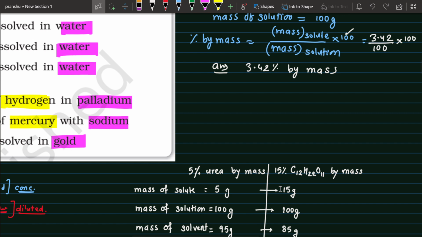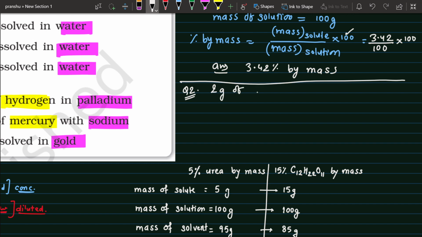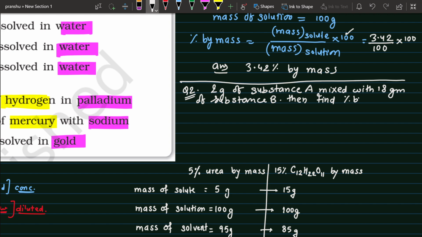For example, if we have another question, if 2 gram of substance A is mixed with 18 gram of substance B, then find percentage by mass.